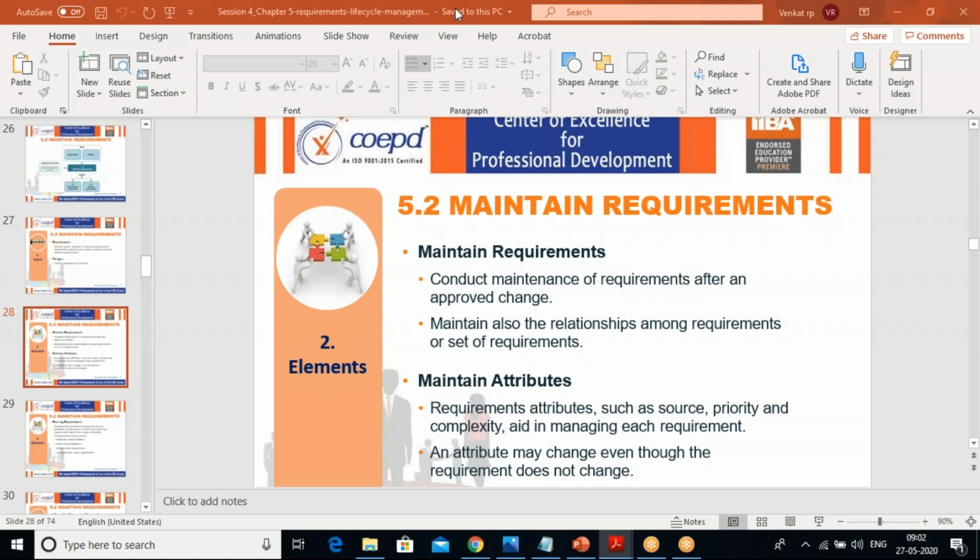So we have to understand that all these components are considered, and then look into the possibility of reusing these requirements. This is a very important aspect: the advantage of having a BA in a project is that we can identify reusability of the requirements.